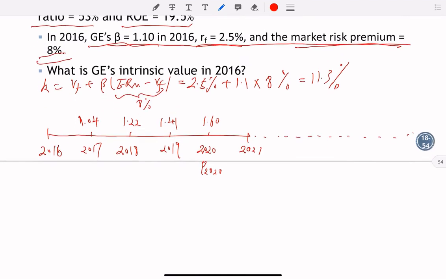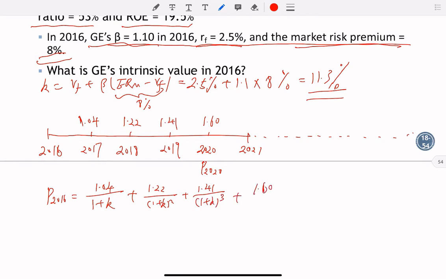Because according to the dividend discount model, the price in 2016 equals the discounted cash flows: 1.04 over 1 plus K, where K is the market capitalization rate, plus 1.22 over 1 plus K squared, plus 1.41 over 1 plus K cubed, plus 1.60 over 1 plus K to the power of 4.